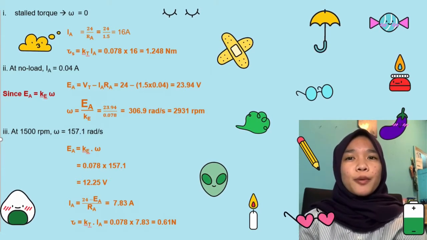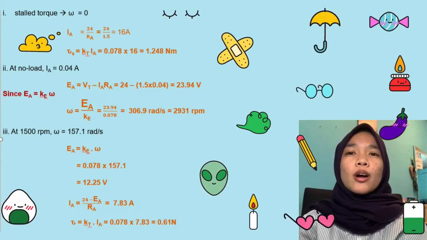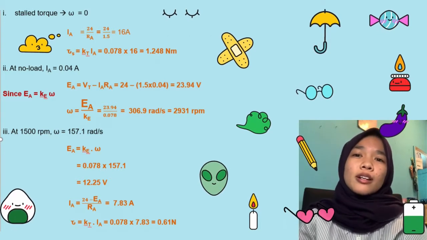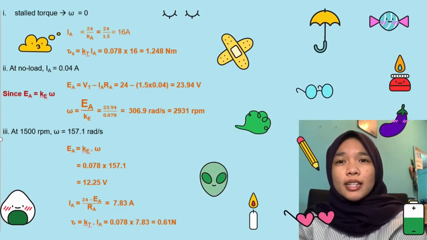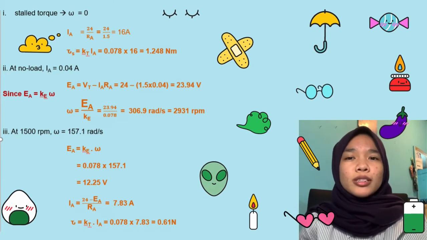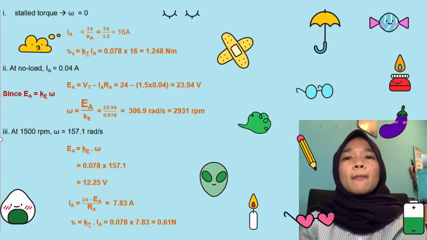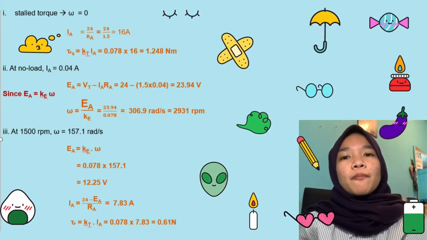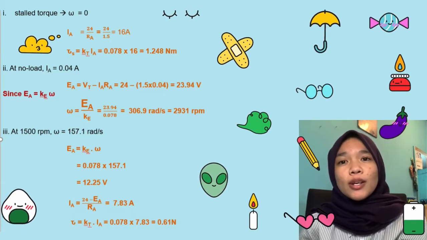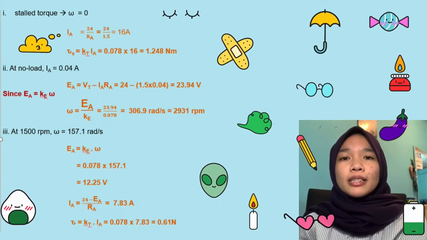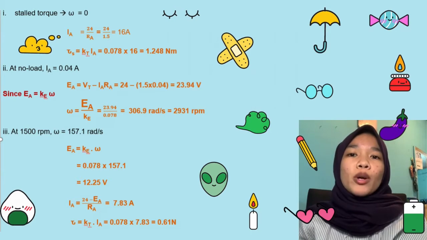For the solution number 3, at 1500 RPM, speed equal to 157.1 rad/s. Ea equal to voltage constant multiplied by speed, equal to 0.078 multiplied by 157.1.